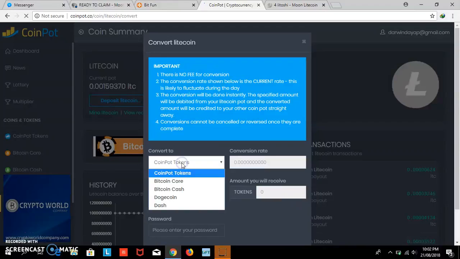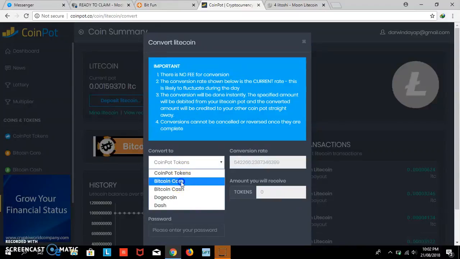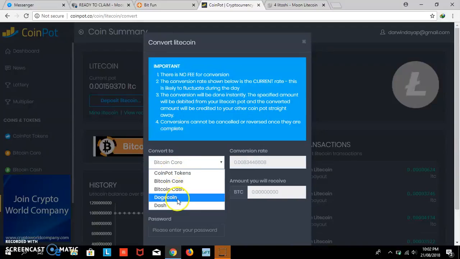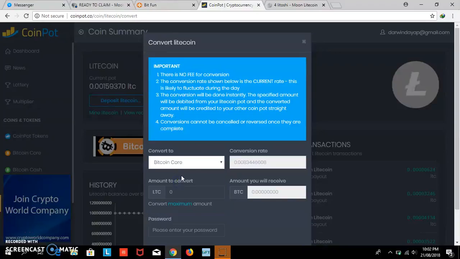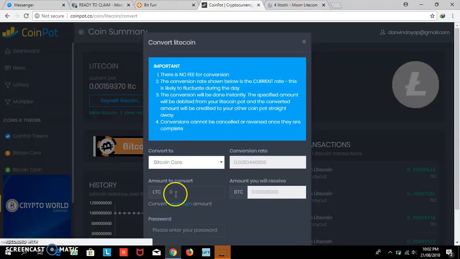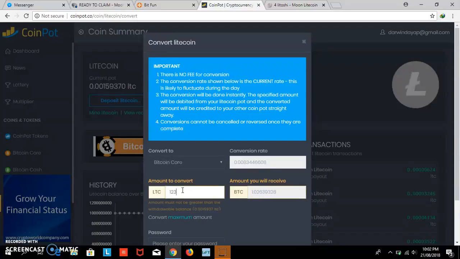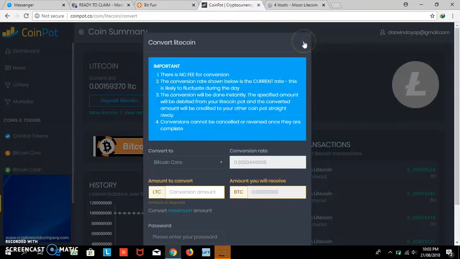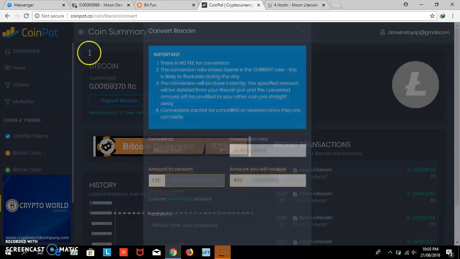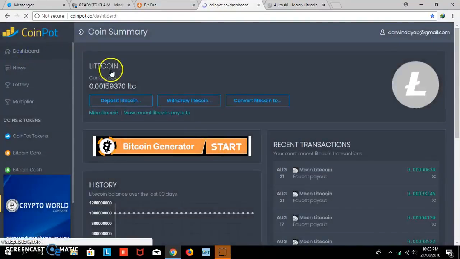There are different options where you can convert your Litecoin, like Bitcoin Core. For example, you get this Litecoin and you will get this Bitcoin, something like that. So, let's go to the dashboard.